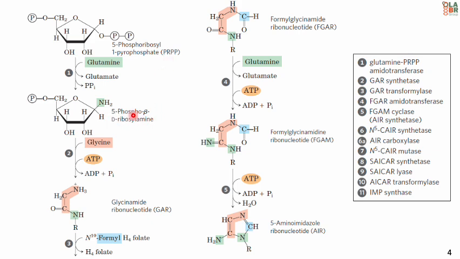This intermediate right here, you should probably know, 5-phospho-beta-D-ribosylamine. You can know this as GAR, FGAR, FGAM, AIR. That's perfectly fine for nomenclature. You just kind of want to understand what's happening right here. So at this point, 3 of the 6 atoms needed for the second ring in the purine structure are in place. And so to complete this process, we need to go to the next slide to see what's happening.